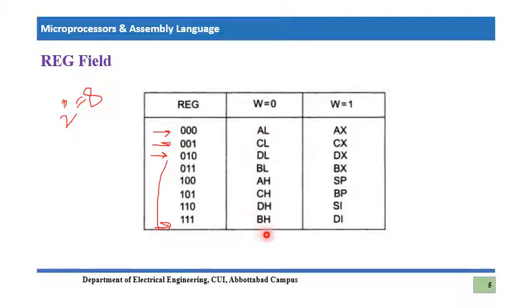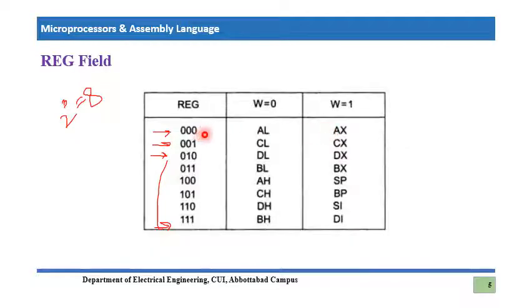If you closely look, this column indicates only those registers which are 8-bit. That is why W is equal to 0, the size bit is equal to 0, which means these are just 8-bit. But if we are dealing with size equal to 1, or W equal to 1, that means we are dealing with 16 bits. So these 8-bit registers can be converted into 16 bits.